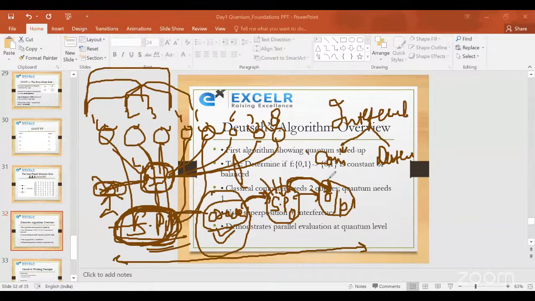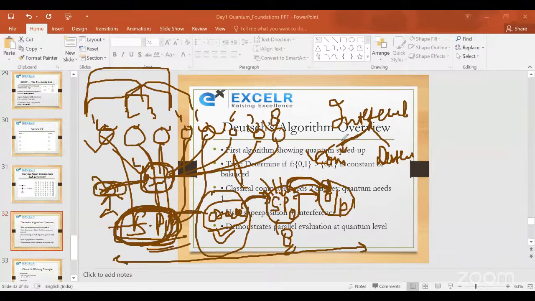On the right answer, we have to do the constructive interference. Suppose this superposition is the mix of 8, and we want to measure the first state.